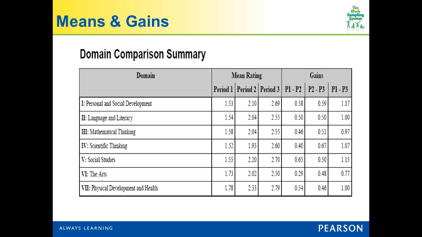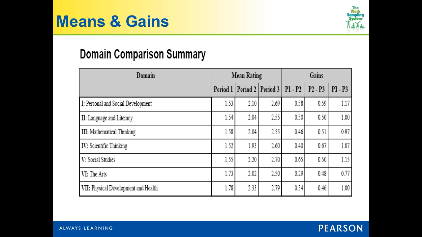The mean rating is the average of the indicator ratings in each period. So here in period 1 for personal and social, we see that when averaged, the ratings were a 1.53. A 1 equals a not yet, a 2 equals in process, and a 3 equals proficient. So a 1.53 is somewhere between a not yet and in process rating.